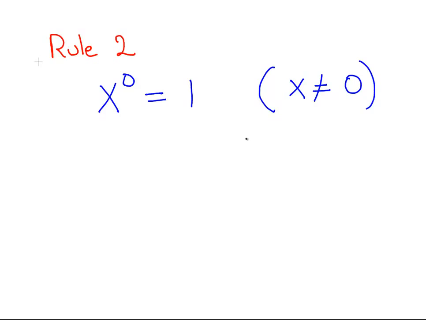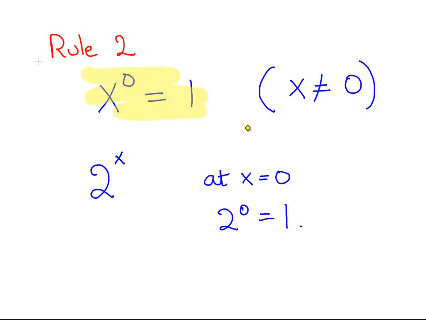So anything to the power of 0 is 1. For example, if we had 2 to the power of x, at x equals 0, then 2 to the power of 0 is equal to 1. No matter what, anything to the power of 0 is 1.